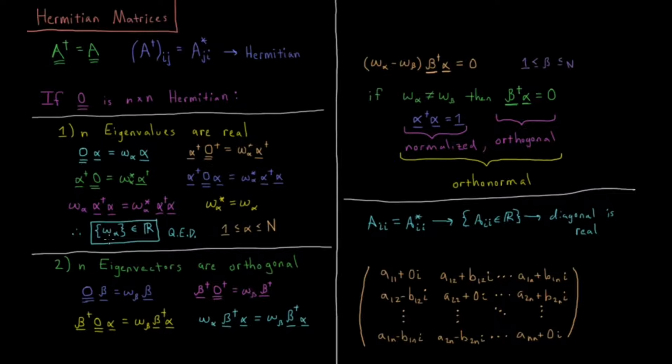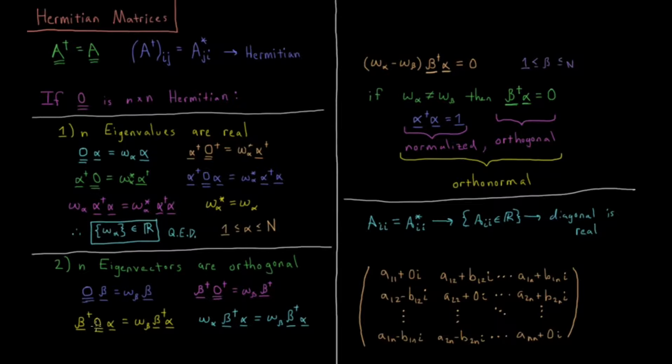And since the eigenvalue is real, omega beta star equals omega beta, so I've substituted in omega here. Once again, I'm going to multiply by alpha. So beta dagger O dagger alpha equals omega beta beta dagger alpha.